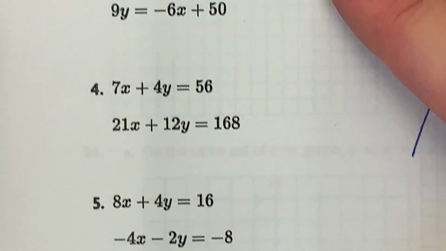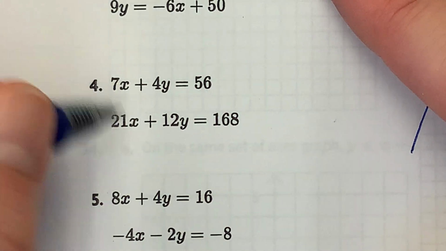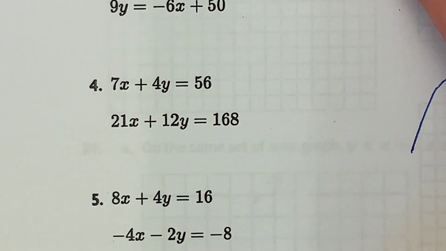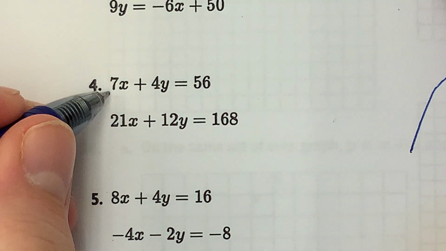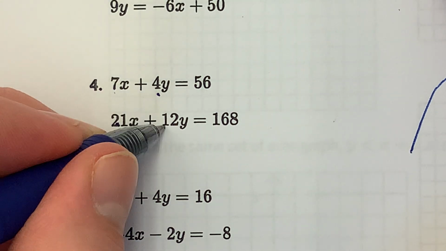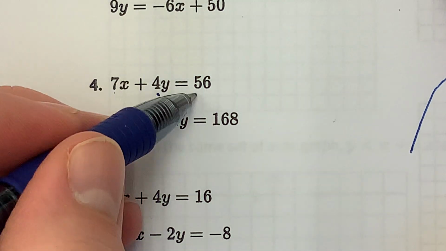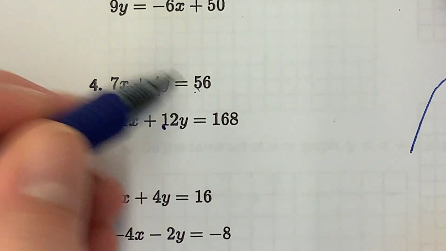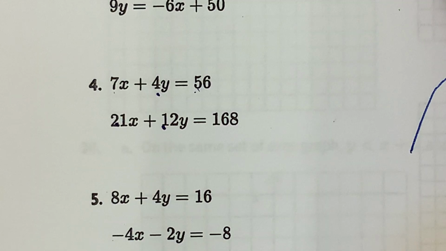Okay. Let's skip 3. Let's go to 4. Do you see any patterns with 4? Do you see how that's 3 times bigger? And that's 3 times bigger? So the question is, is that 3 times bigger? And I'm going to go ahead and say yes.